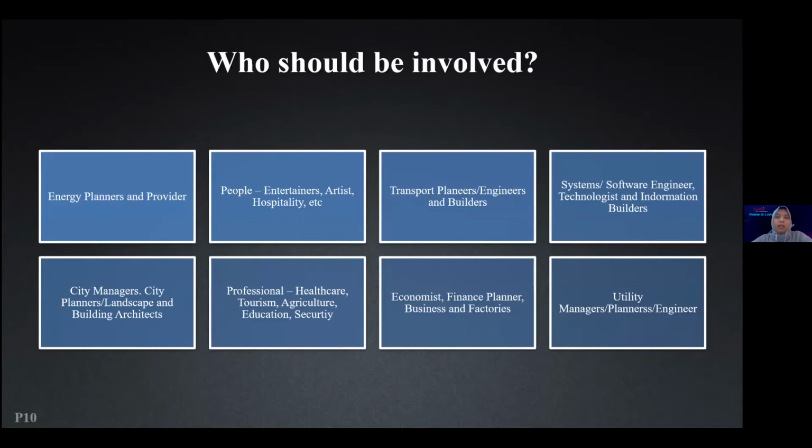I just mentioned some of the stakeholders involved. Those are energy planners and providers, city managers or city planners, building architects, professional economists, transport planners, utility managers, and also engineers and system or software engineers.